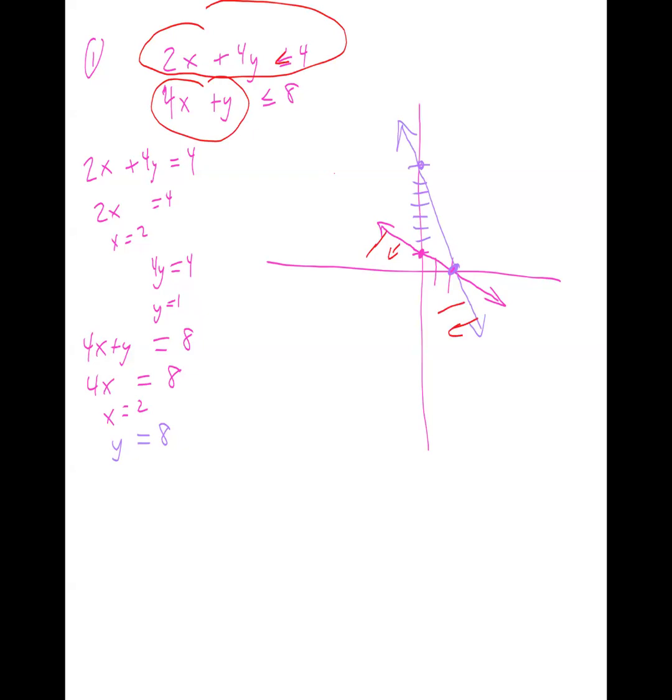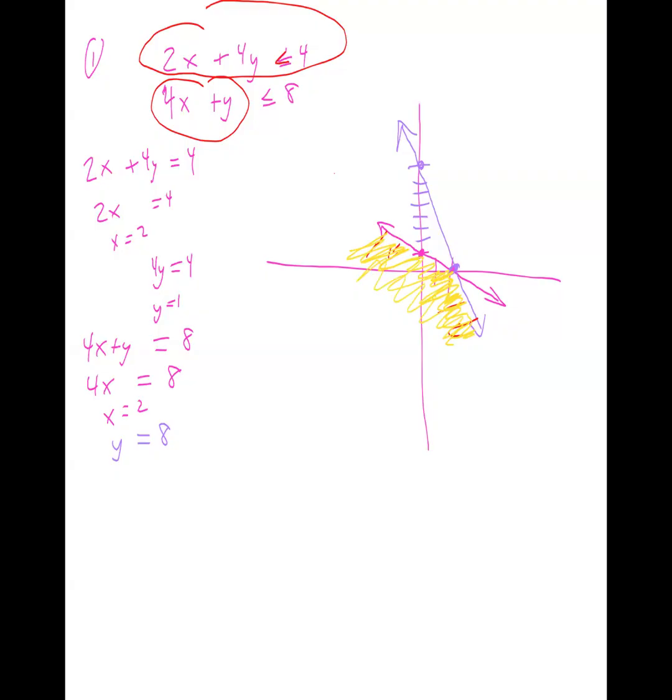So the part that we're going to shade is the area that is below both lines, below both the purple and the pink line. So it's this region down here that kind of turns a corner and goes that way. So that's all for question number 1.